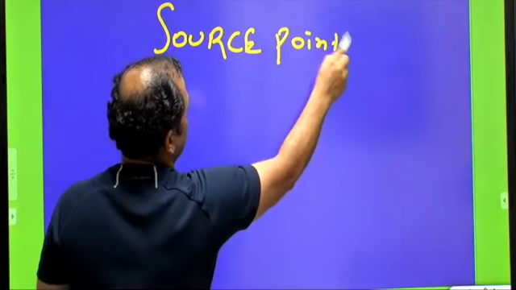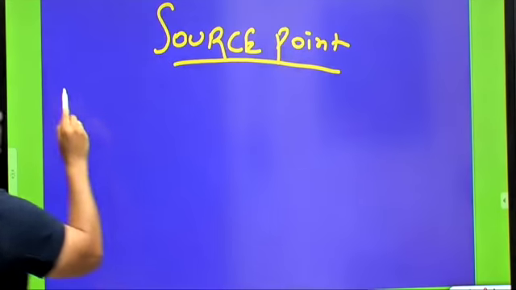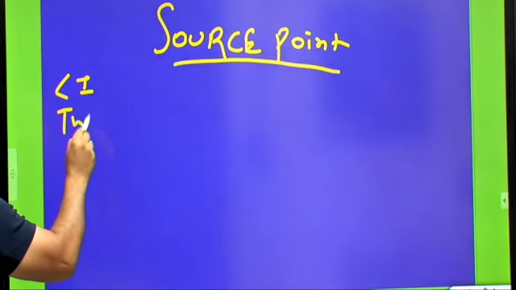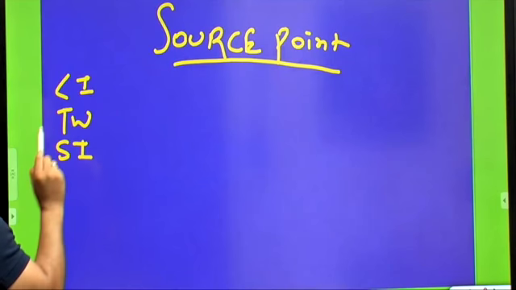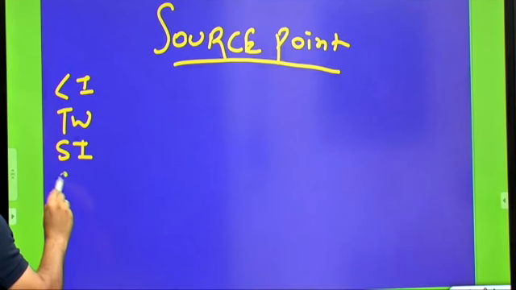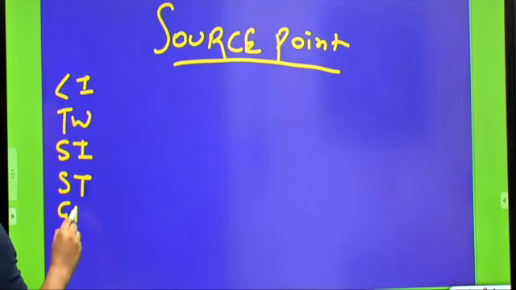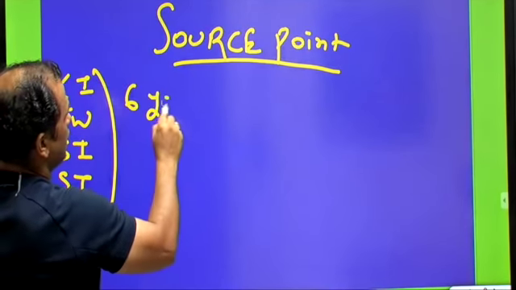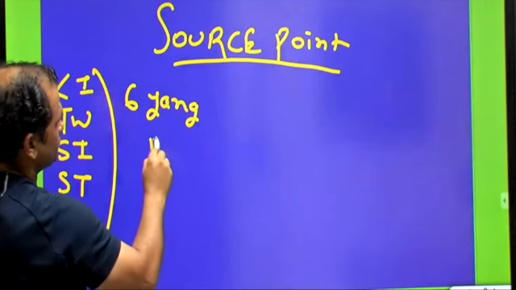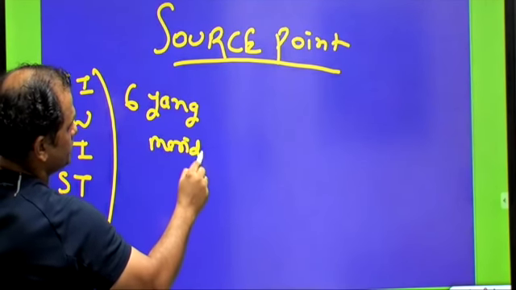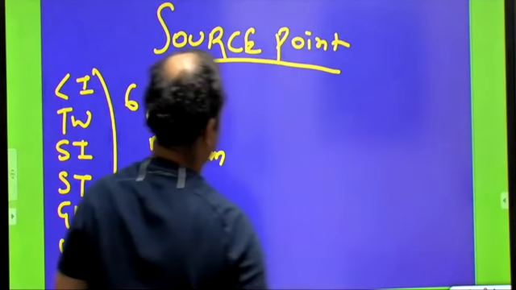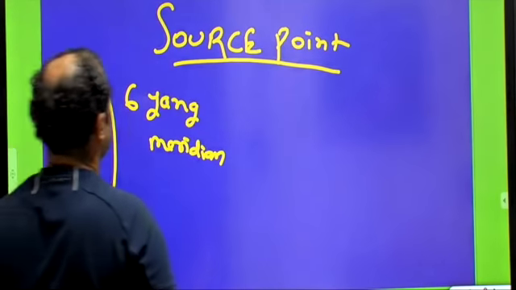In the human body, we are having 6 yang meridians: large intestine, triple warmer, small intestine, as well as stomach, gallbladder, and the urinary bladder. So we are having only 6 yang meridians. Definitely we are also having 6 yin meridians, but right now we are not talking about the yin meridians.